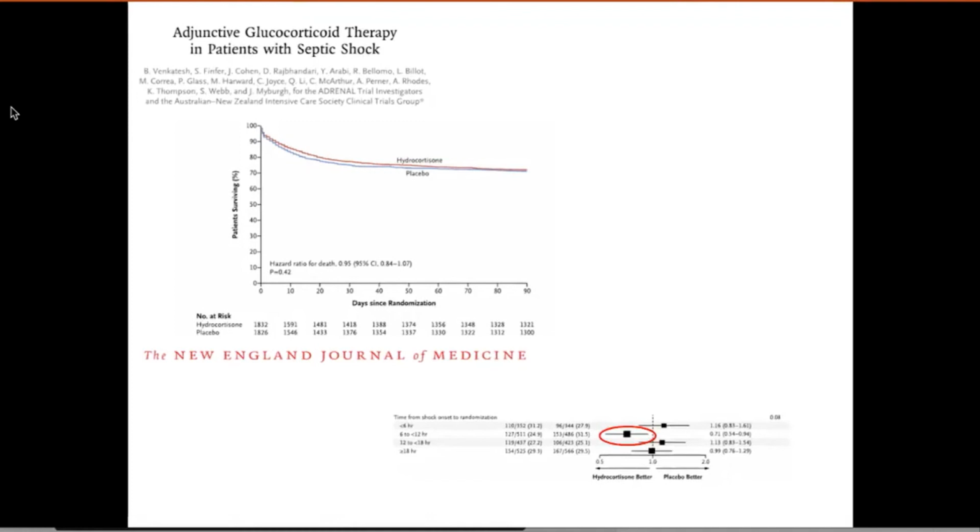And as you can see here, this study didn't show any benefit. So interestingly, the two studies that I'm showing here and in the next slide were published in the same issue of the New England Journal of Medicine, to again put some more emphasis on the difficulty to find consistent results in this area. So you can see here there was in this trial no difference. Next slide.